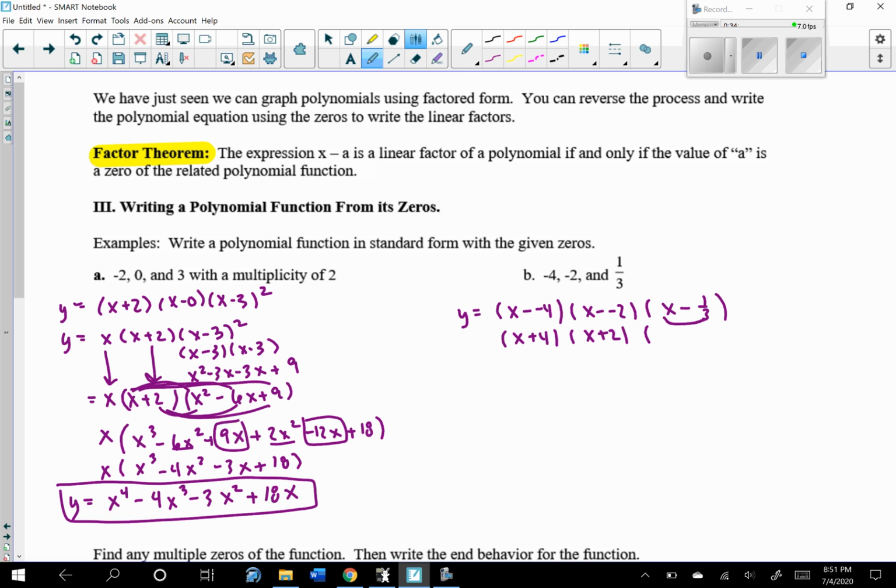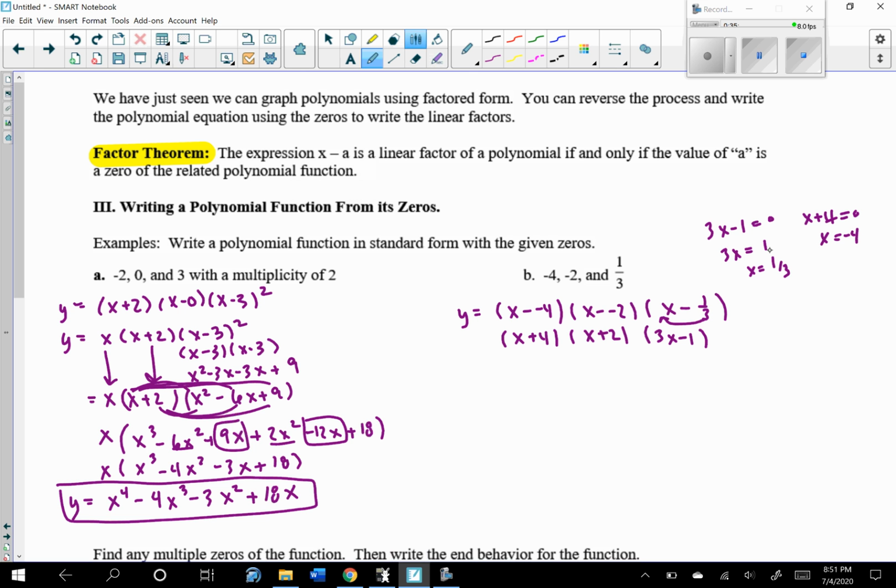Think about when we did the slide divide, you can move that in front. So 3x minus 1, and you can even check 3x minus 1 equals 0. So 3x equals 1 when you add the 1 to the other side, divide by 3, and notice you get the zero of 1/3. So you can always check your work. And if I did x plus 4 equals 0, we subtract the 4 and get x equals negative 4.